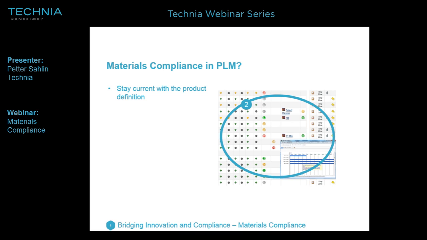And if that's the case, of course, I need to know that I'm working with the right batch, the right lot, on the right version, on the right revision. So that's the key motive of making or building materials compliance functionality into your PLM tool.